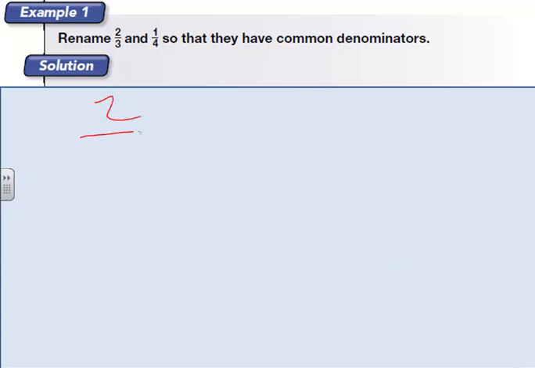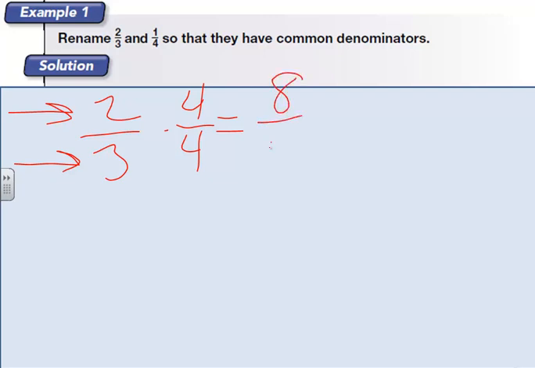So 2/3, what do we have to multiply by 3 in order to get 12? Well, we have to multiply it by 4. So we have to do 4 over 4 to get an equivalent fraction. So 2/3 times 4 over 4, and we know when we multiply fractions that we multiply straight across, so we get 8/12. So the equivalent fraction of 2/3 is 8/12, with a denominator now of 12.